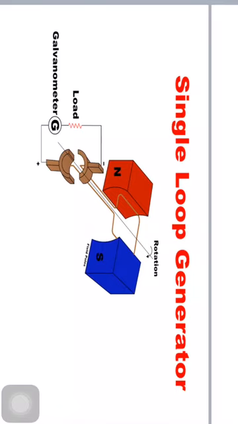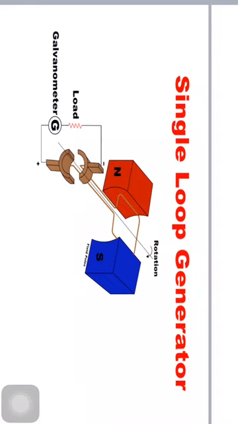A simple loop generator basically consists of two conductors or coils, two magnet bars and two slip rings which are insulated from each other and from the central shaft, and a normal wire for connection as required. The rotating coil may be assumed as armature and the magnet bars as field magnets.